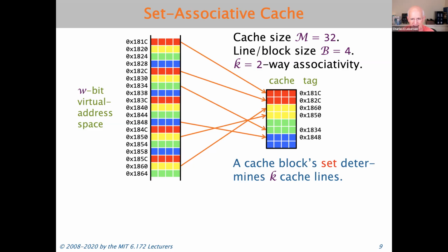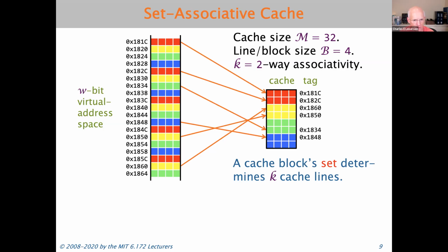But in any case, we're going to continue with our power of 2 example. So like a direct map cache, the virtual memory byte address determines the set, and the cache block can reside in any of the K lines in the set. Here you see that anything that's yellow could lie in either of the yellow cache lines.